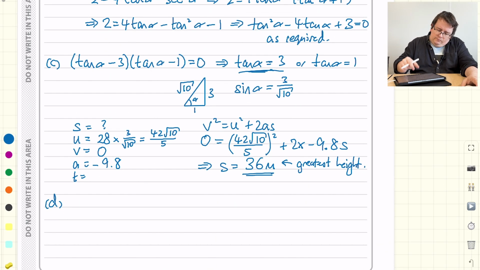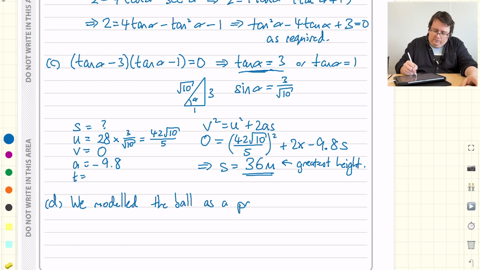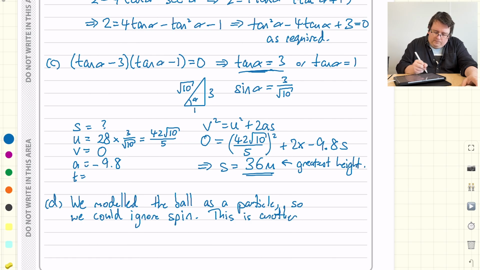So we modelled the ball as a particle, so we could ignore spin. This is another limitation of the model.